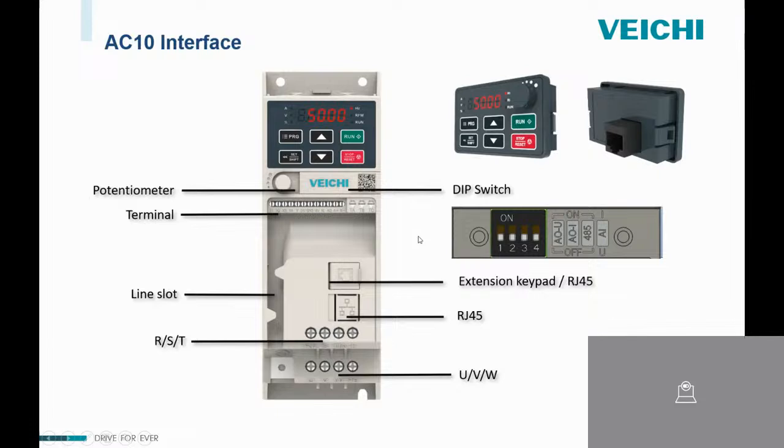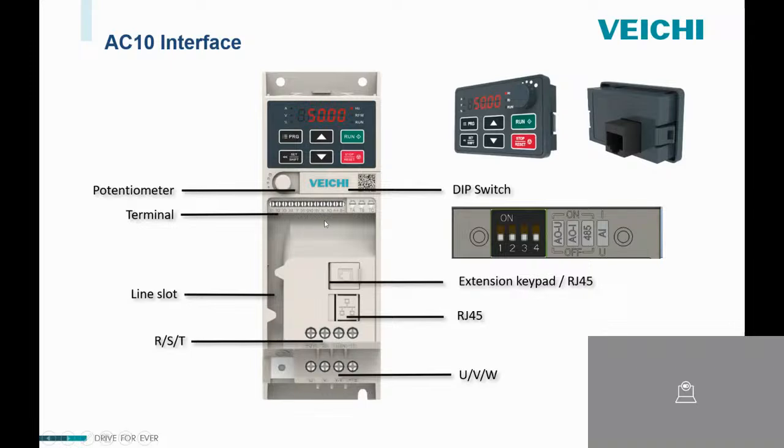So now let me introduce with you our AC10 series interface. So here is the potentiometer. Using this potentiometer, you can control speed, you can control frequency. And here is our terminal for digital terminal, analog terminal, and relay output terminal here.